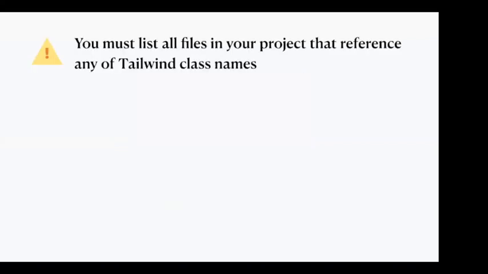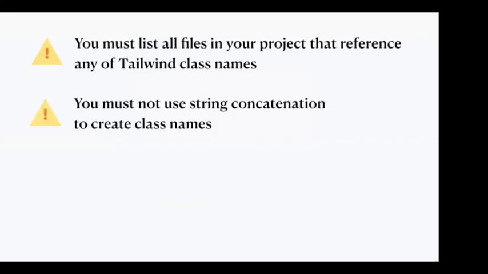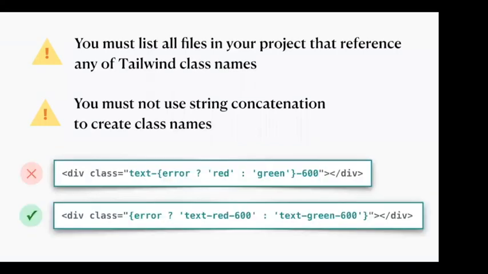With this approach, it's important that first, you must make sure to list all of the files which reference any of Tailwind's classes. Otherwise, it will purge classes that you are using. And second, you must not use string concatenation when creating class names.